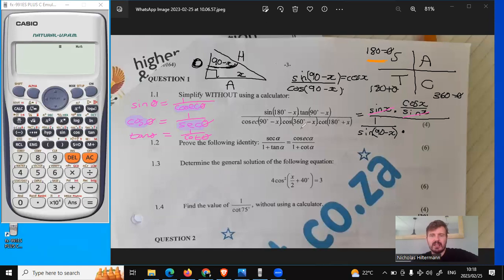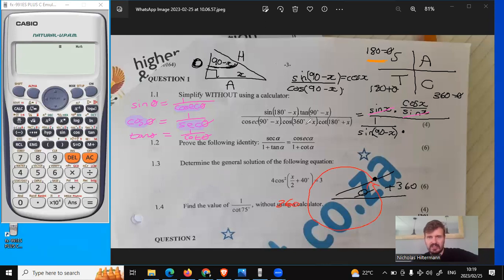Cos 360 minus x. This is a perfect example where I can do the explanation and also show why a calculator helps. 360 degrees is a circle. If I have theta here, and I ask what's theta plus 360, well, 360 is just a circle, so if I add 360, I'm back to where I started.